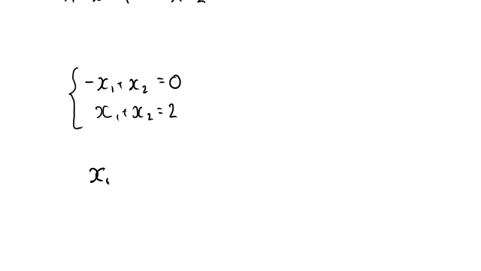Let's take a look at the second equation, x1 + x2 = 2. And let's add 0 to both sides of the equation. If x1 and x2 is a solution to this system, then I know that minus x1 plus x2 must be equal to 0. So I can simply replace this 0 with minus x1 plus x2.